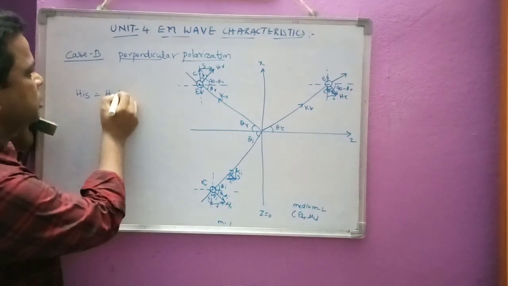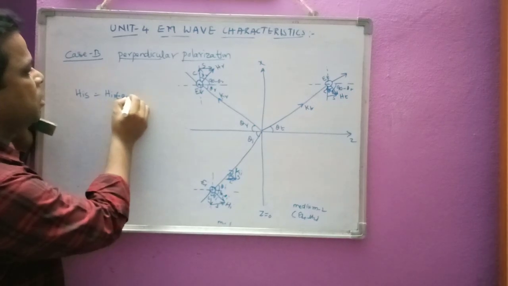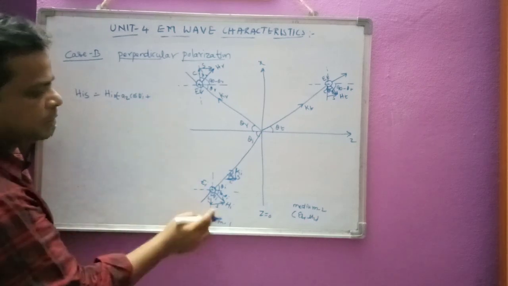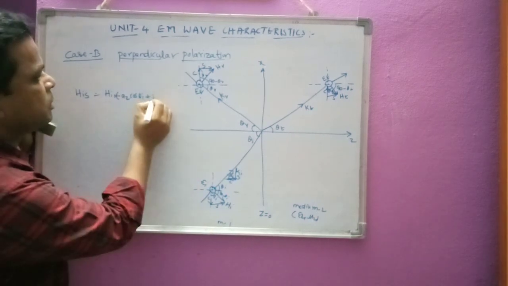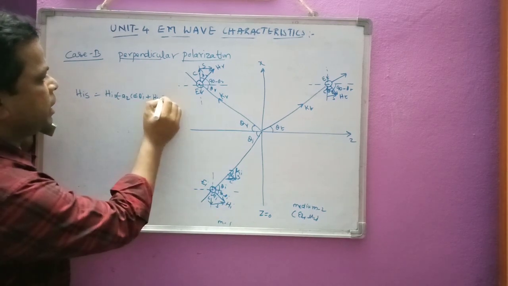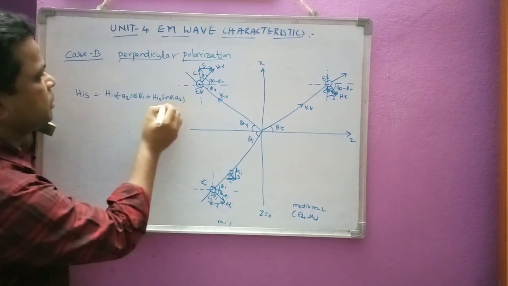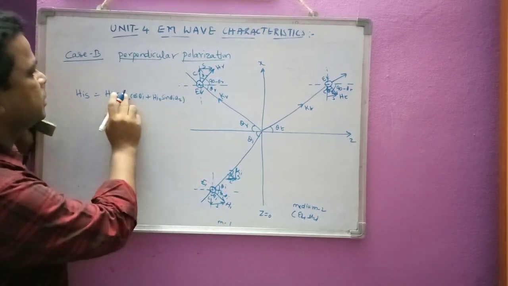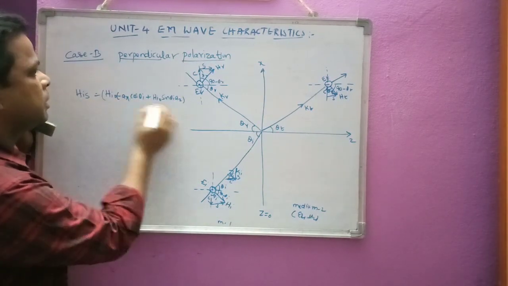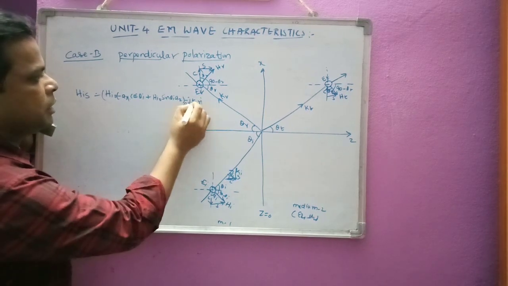So I can write HI naught minus az cos theta I... sorry, it is minus ax cos theta I plus the sine component, HI naught sin theta I az, into e power minus j ki dot r.